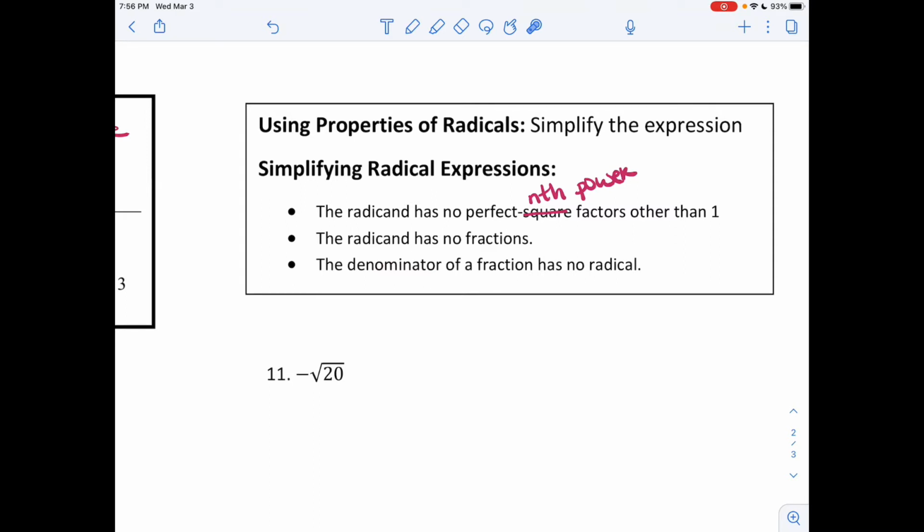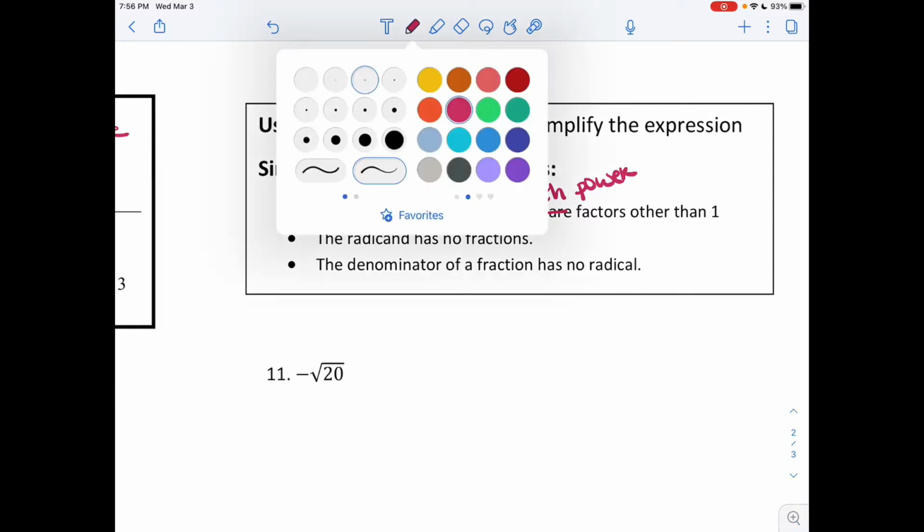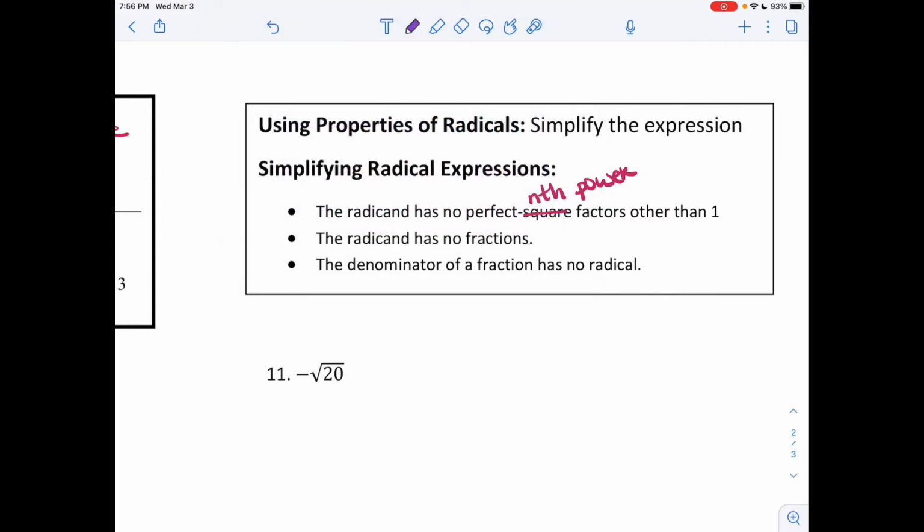These will be similar to square roots, and in fact, we're going to start with a square root, something that you are most familiar with. So let's go ahead and look at simplifying negative square root of 20. Just to reinforce that this is a square root, I'm going to write the 2 there temporarily to keep that in mind.